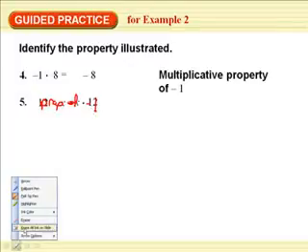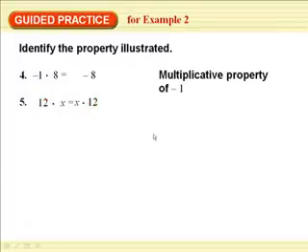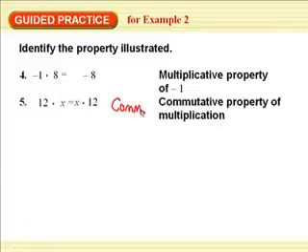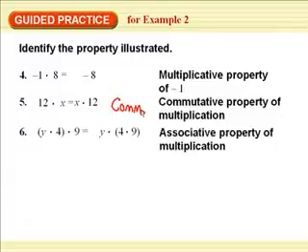Look at that. This is the commutative property. That's the associative property. I won't write them. I'll let the PowerPoint do it. You guys are writing them. This is the property of 0.